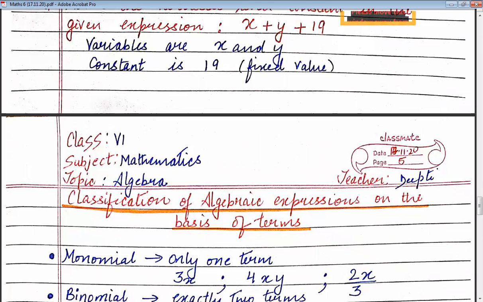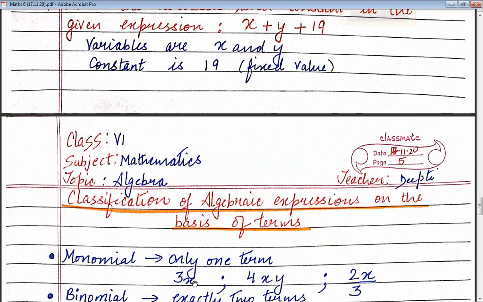Your examples are 3x, only one term. Next, 4xy, only one term. Next, 2x upon 3, only one term. Children, here don't think that 3 and x will be considered as separate terms.